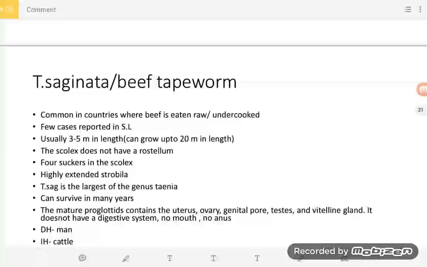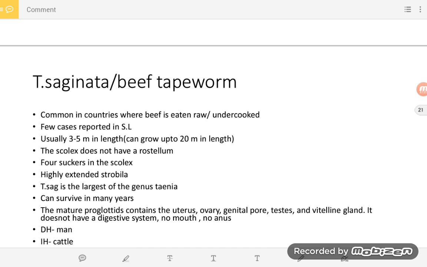In Taenia solium also we can see 4 suckers, but the strobila, when we consider its length, is more extended in saginata. Taenia saginata is the largest of the genus Taenia.